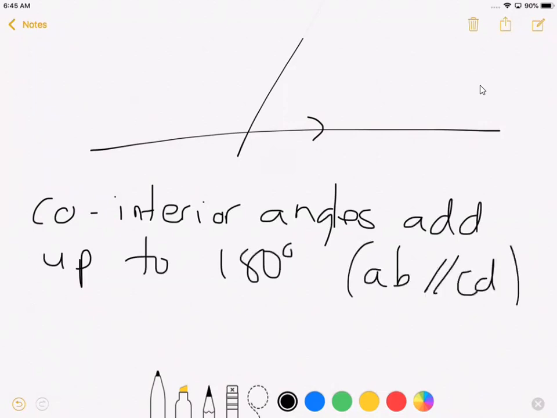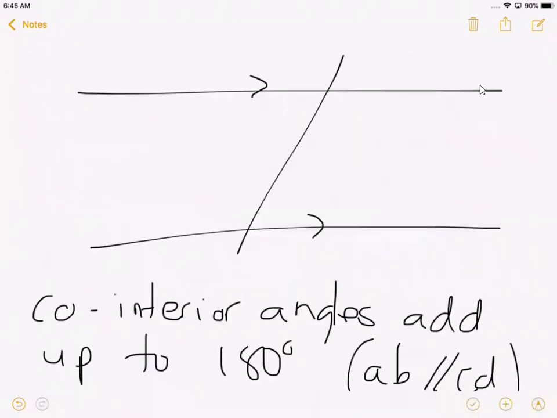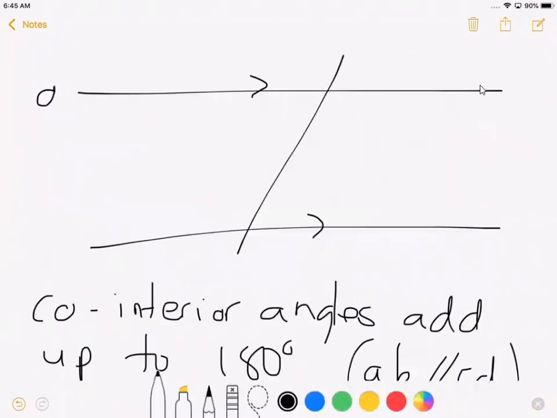In this case, AB and CD, they are parallel. But which ones are called the co-interior angles? The co-interior angles are these ones. This one and this one, they are co-interior angles.